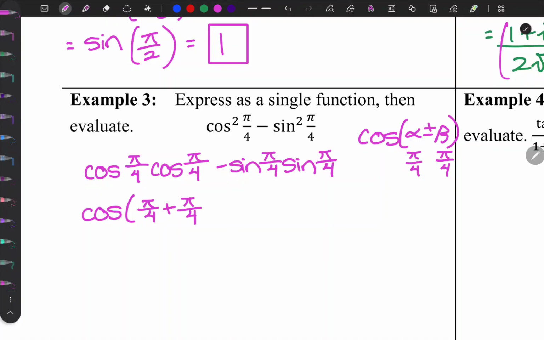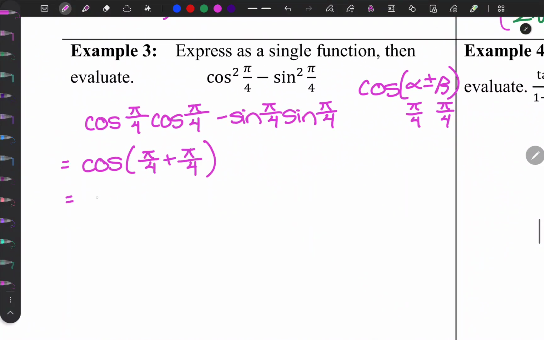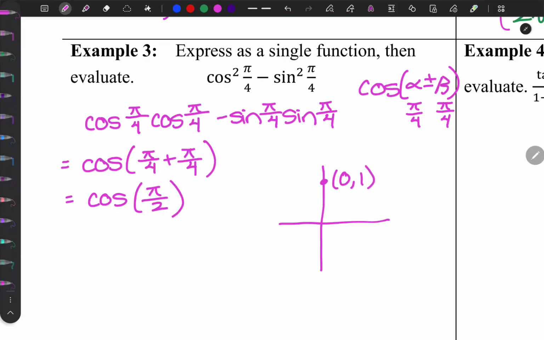That is a single function. Although we could also combine the angles for a single function and say that this is cosine pi over 2. So applying the identity allows us to express as a single function, and then evaluating is pretty straightforward. We find pi over 2, the coordinate there is 0, 1, so our cosine is just equal to 0.